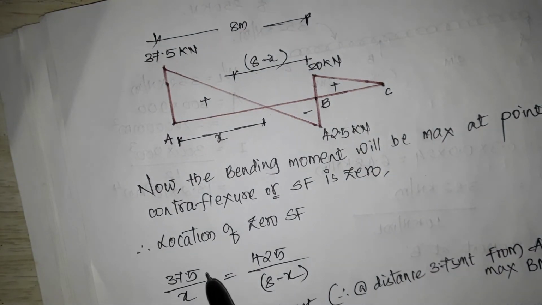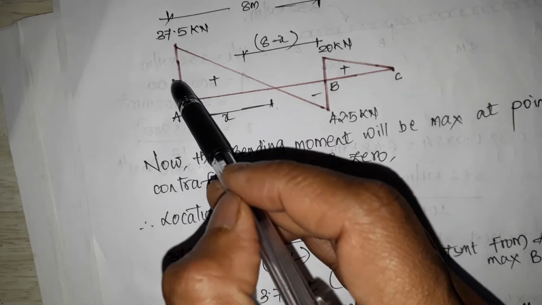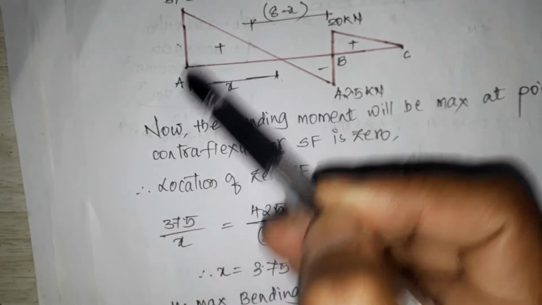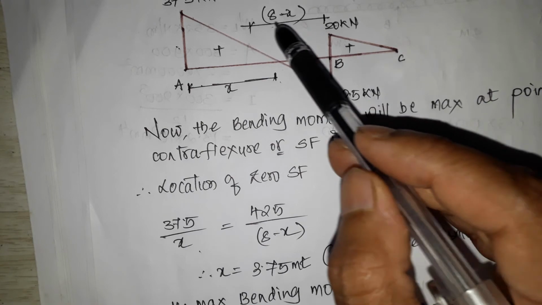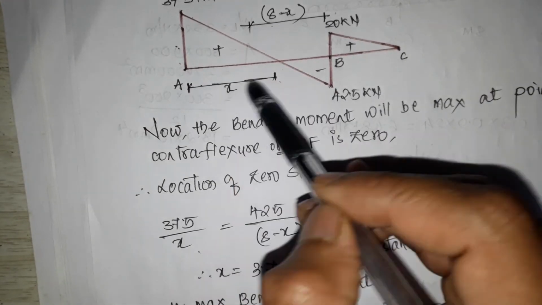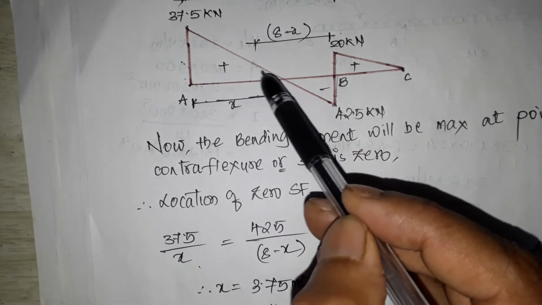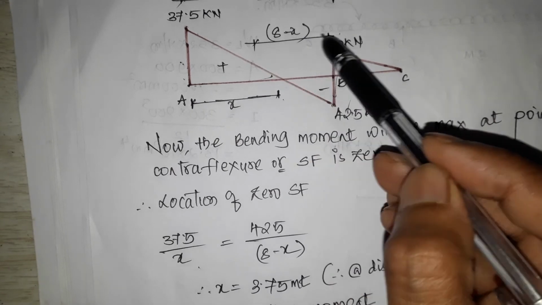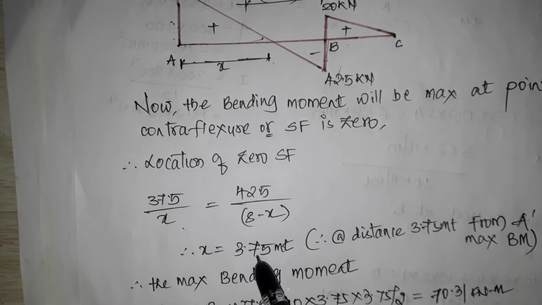So if this is x, we have to use similar triangles: 37.5 by x is equal to 42.5 divided by 8 minus x. This divided by this, that is 37.5 divided by x, and 42.5 divided by 8 minus x. After doing the calculation we will get x equal to 3.75 meter.